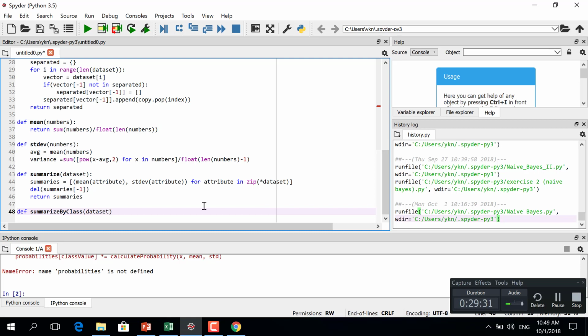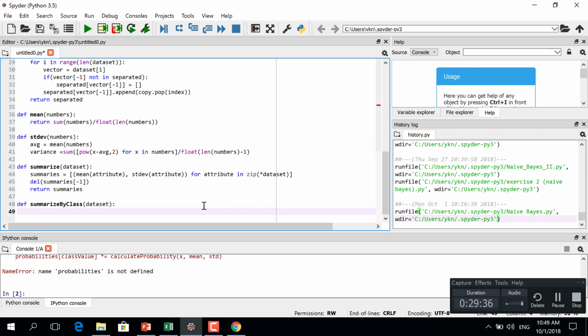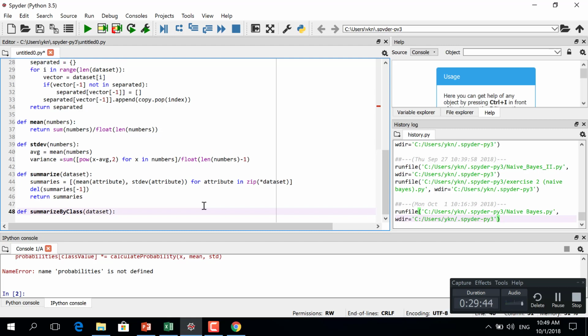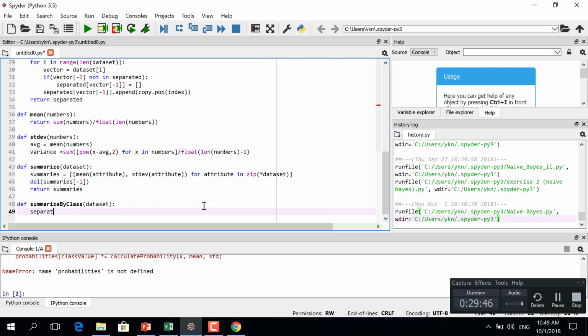Also, according to the variables, it is data set. And do not forget to put here separated equal to separated by class. We have to put the data set as the variable.